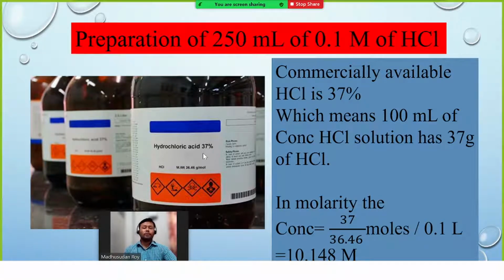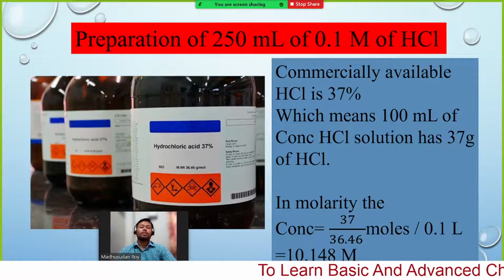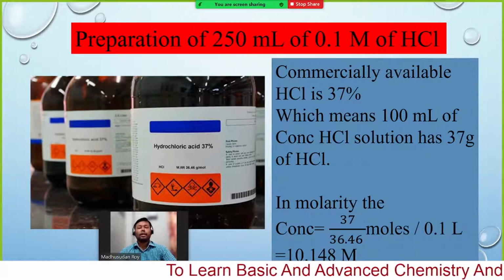But if some vendors give very low quality chemicals, normally no chemical is destroyed, like hydrochloric acid or sodium hydroxide.